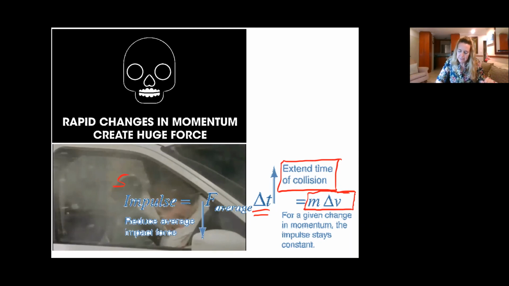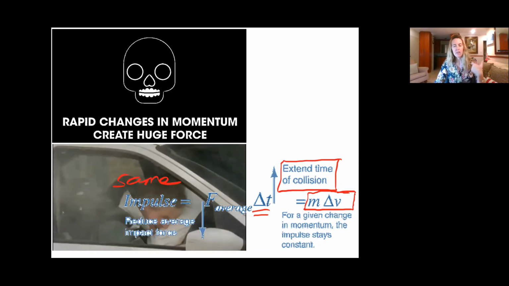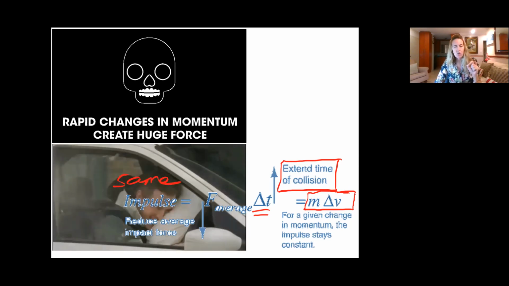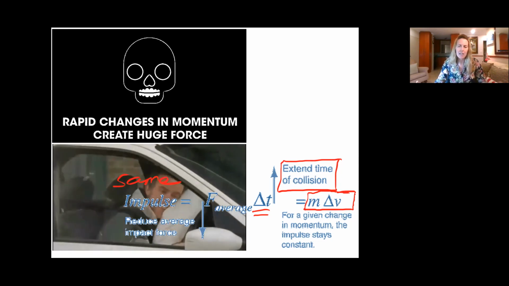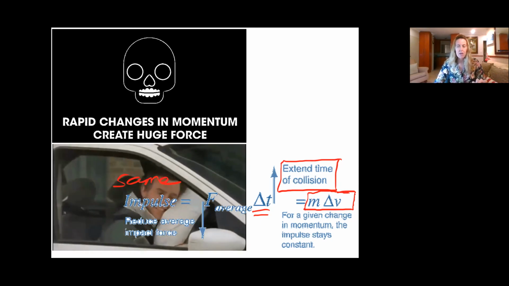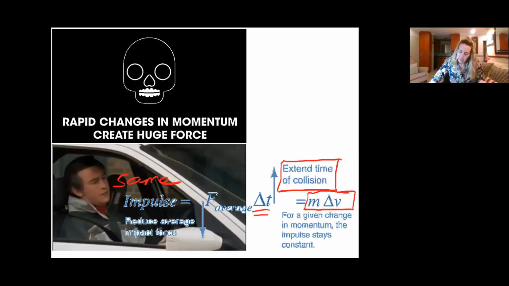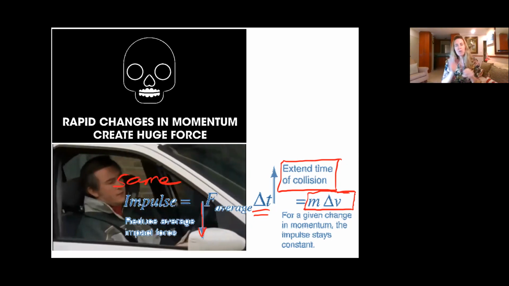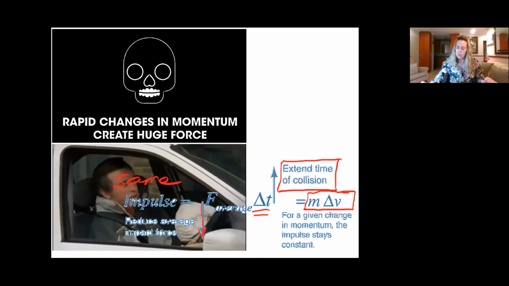Remember, this impulse will stay the same. It will stay constant because it's still you in that car, whether you have an airbag or no airbag. Your mass in motion will go from some high value to zero eventually, so that change in velocity times mass will stay constant. But if you extend the contact time to offset that change, the net average force has to decrease. So that output force on you will be much less than if there was no airbag fitted.